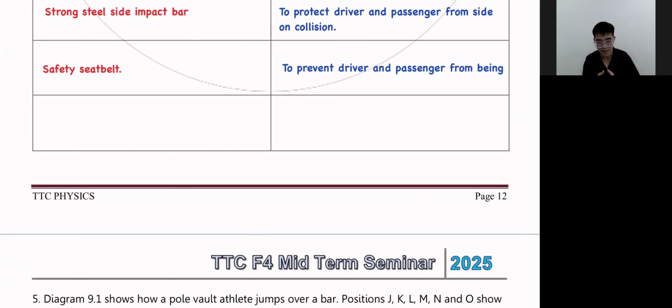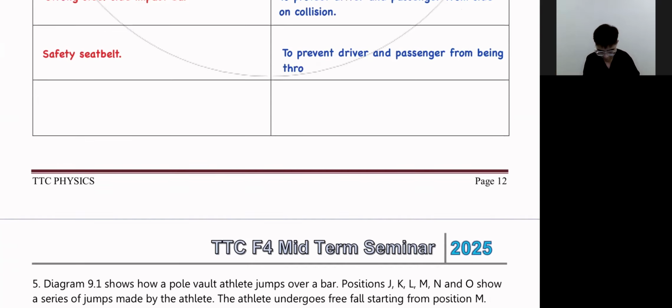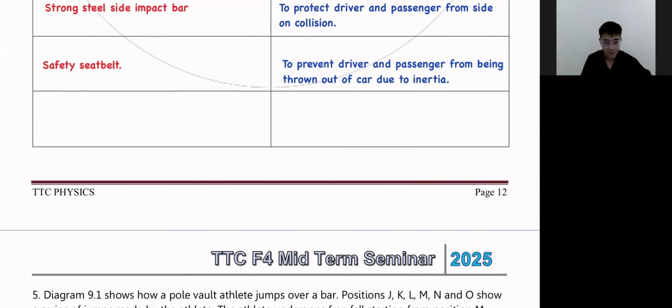But during an accident, the car will stop immediately. Even though the car stopped, the driver and the passenger will want to continue moving forward, so they will be thrown out of the car. So being thrown out of the car is due to the effect of inertia, or you can just write due to inertia. It's also the same reason.